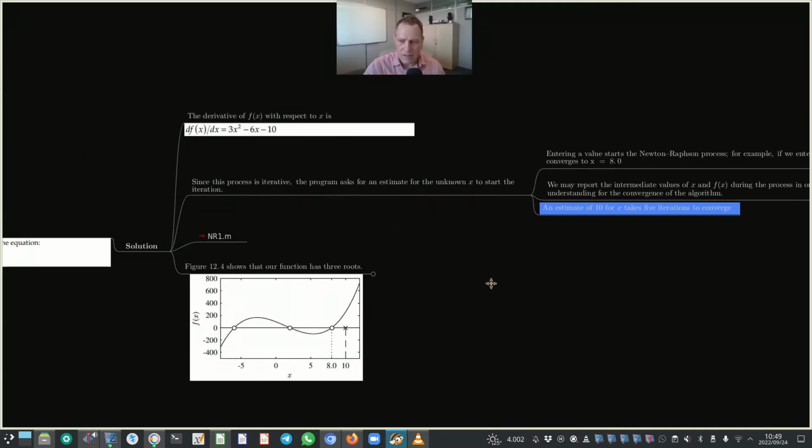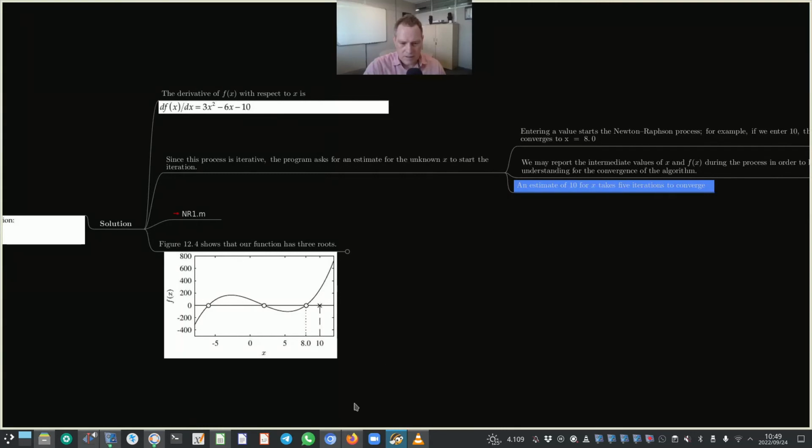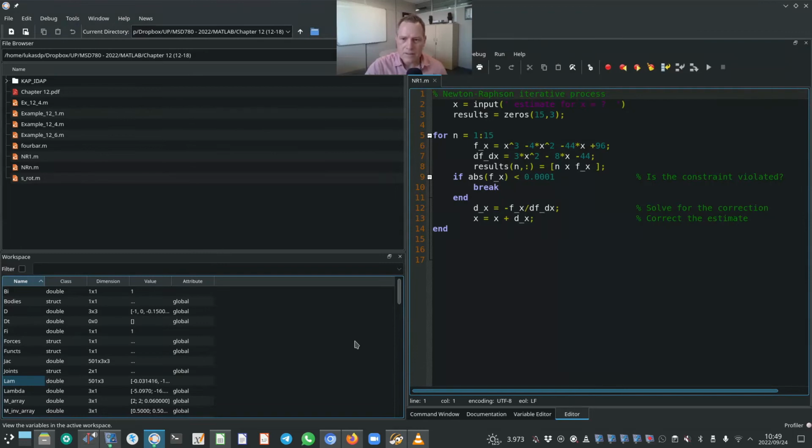Okay, so let's now quickly look at the Matlab code. Here you can see it asks for an input for x. It initializes the matrix zeros, and then it iterates for a maximum of 15 iterations. Okay, so we enter the nonlinear function.